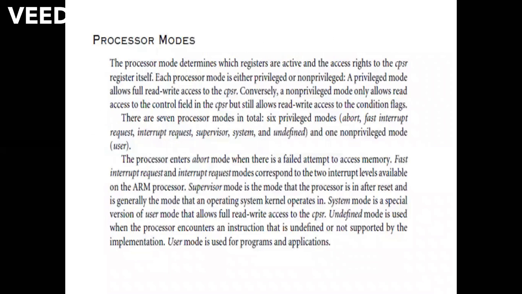And out of these, which are the privileged modes? There are 6 privileged modes, only one non-privileged mode. Which is the non-privileged mode? User mode. So excluding user, all other modes are privileged modes.